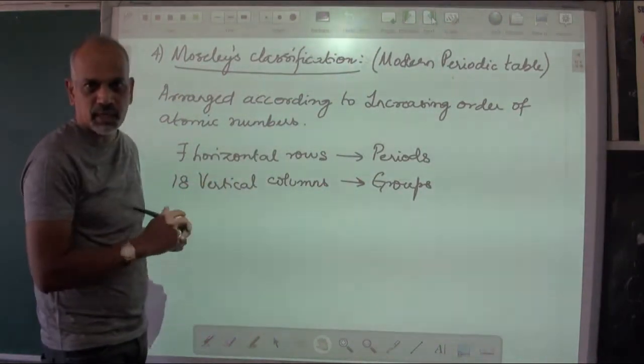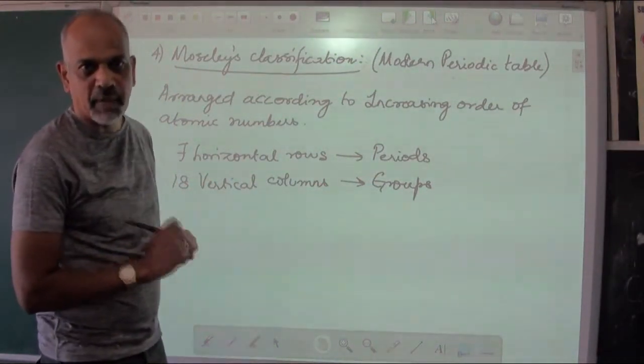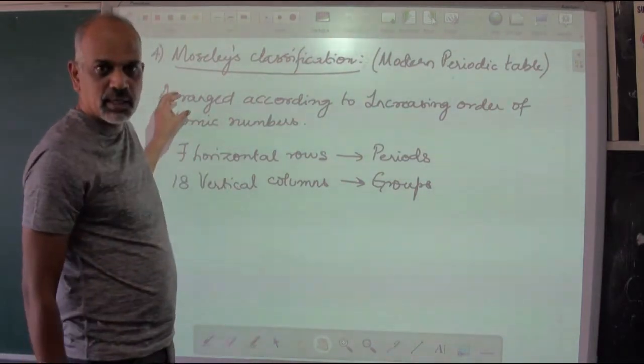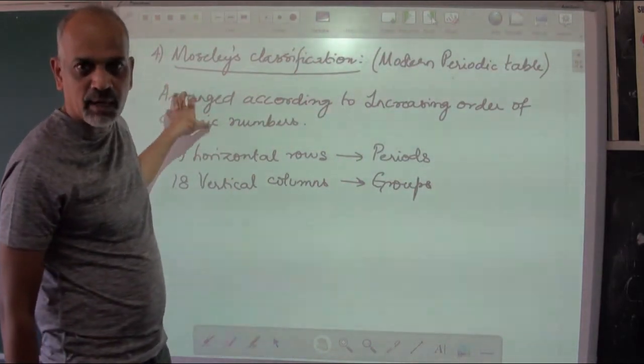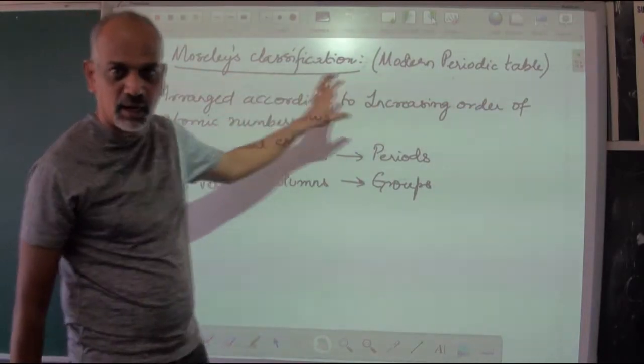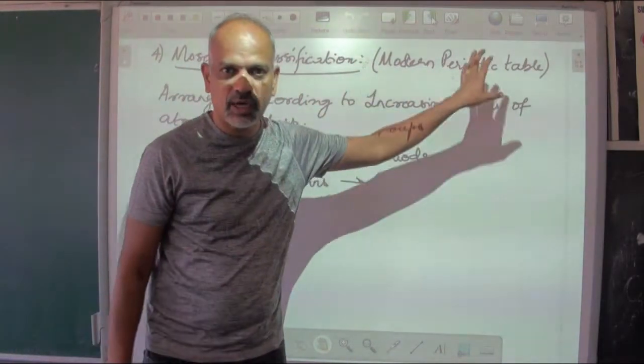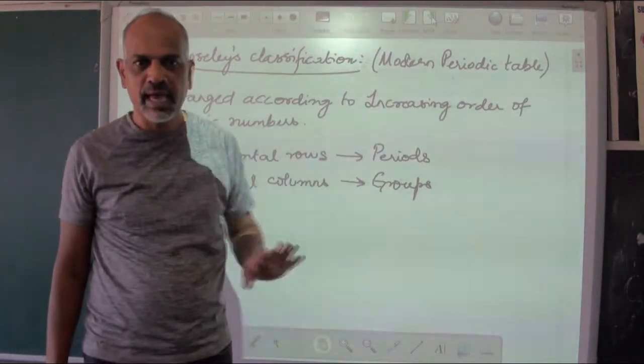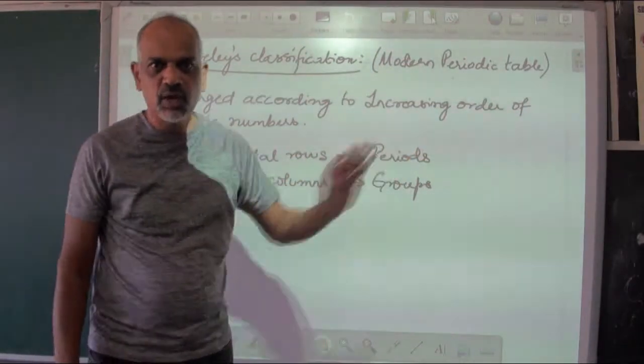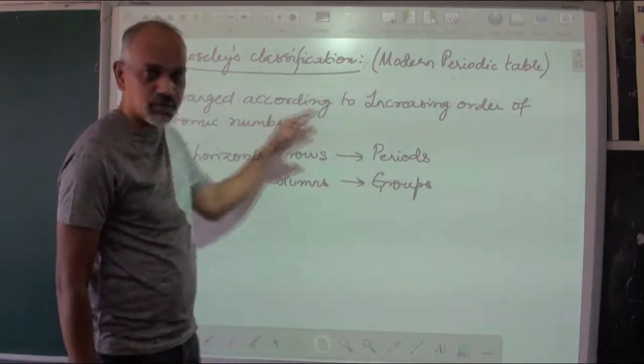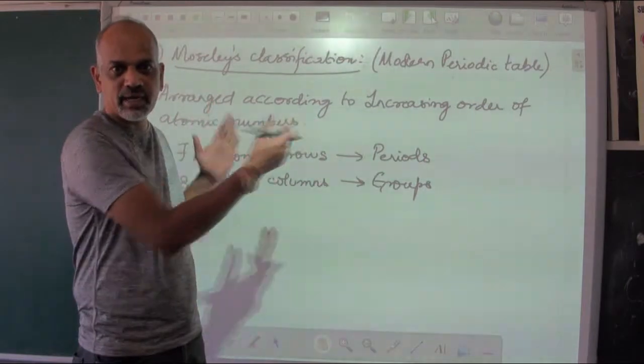Not atomic weight, but atomic number. So atomic number 1 comes first, then atomic number 2, 3, 4, 5, 6, 7 and so on. They were arranged in order, and then it was found that that was the correct arrangement.